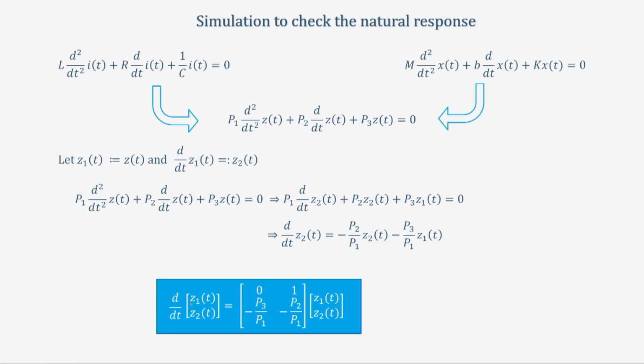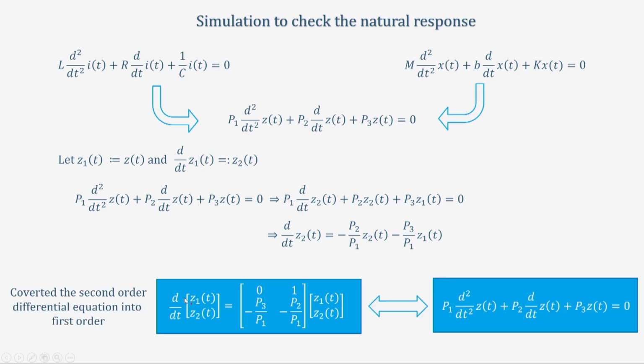Solving this is equivalent to solving the second order differential equation, because you will find Z2 and then Z1. Although in numerical simulations we will solve the entire system in one go, you understand that solving this is equivalent to solving that. We have just converted the second order differential equation into a first order one.